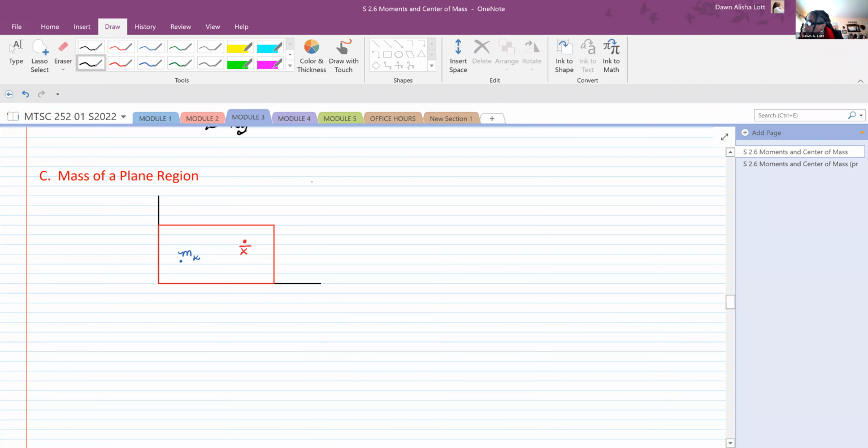So now my goal is to find the center of mass. So you can find not only the X location, but the Y location.